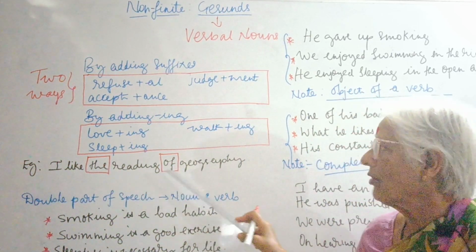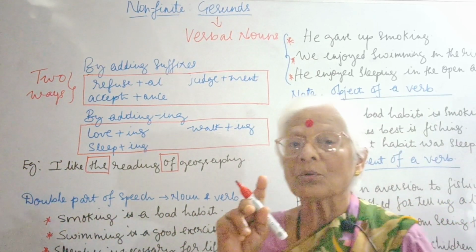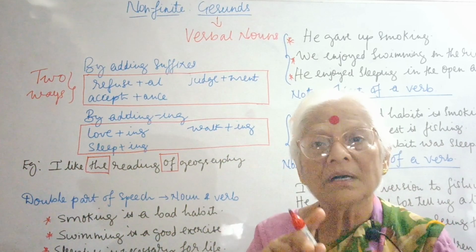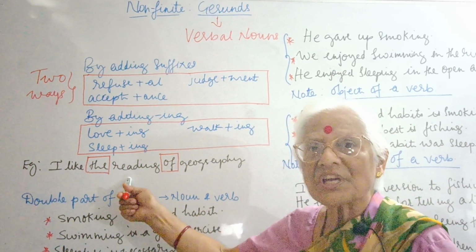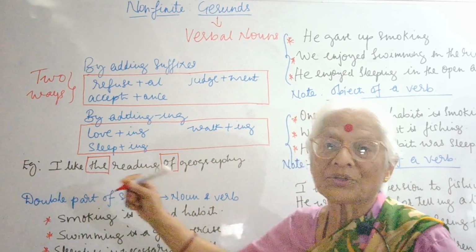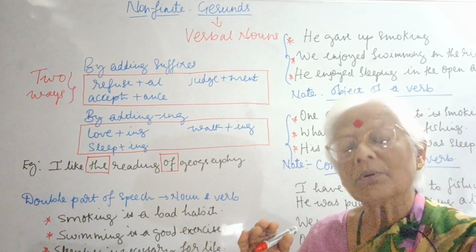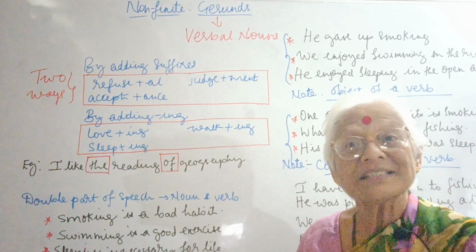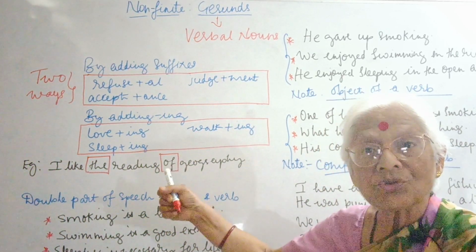I like the reading of geography. Now whenever we are using a noun, we use the article the in front of it. But here I've used a gerund, reading, and I've used the article the in front of it. Okay, so it plays a double role. It plays a verb as well as a noun. Of geography, I've used the preposition of over here.